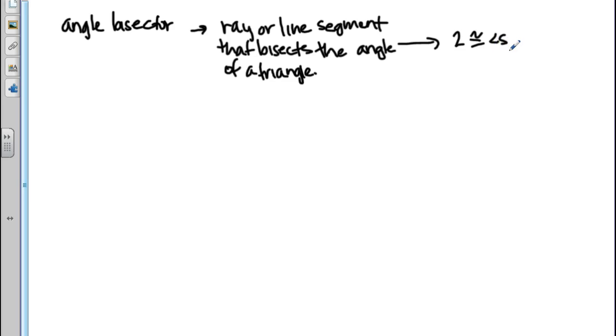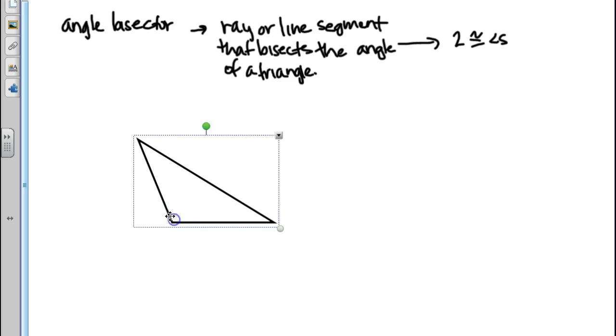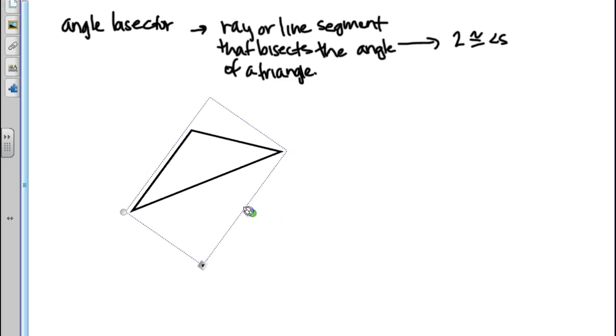All right, so let's take a look at a few problems. Let's say that I have a triangle here. And I'm going to flip this around, make it a little bit different for you.